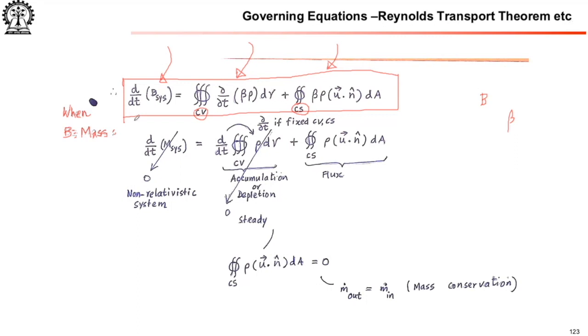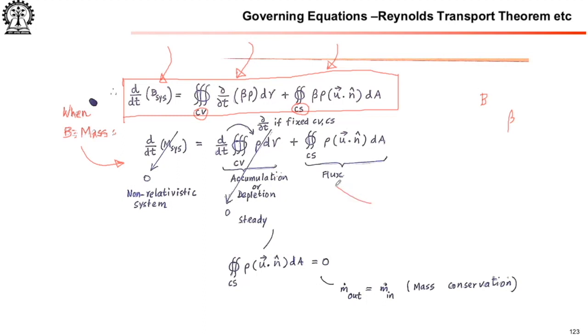Now, specializing this B to mass, we can say that D by Dt of the mass of the system is equal to d by dt of the mass within the control volume, plus the mass that is going out minus the mass that is coming into the control volume across its surface per unit time.